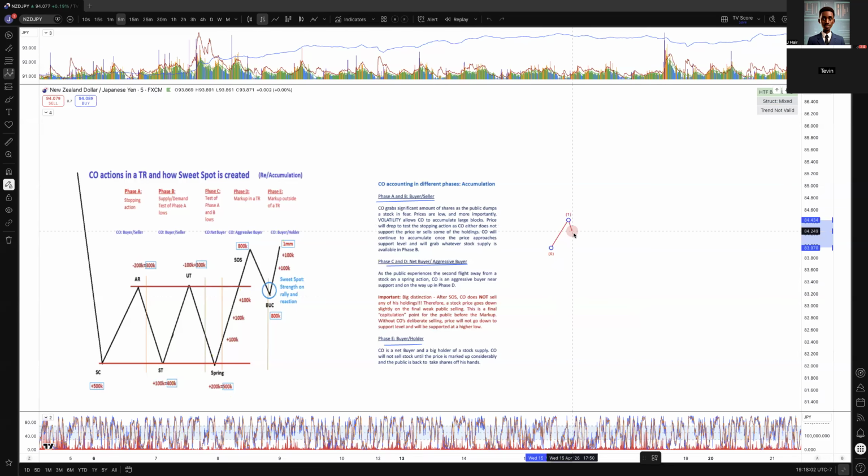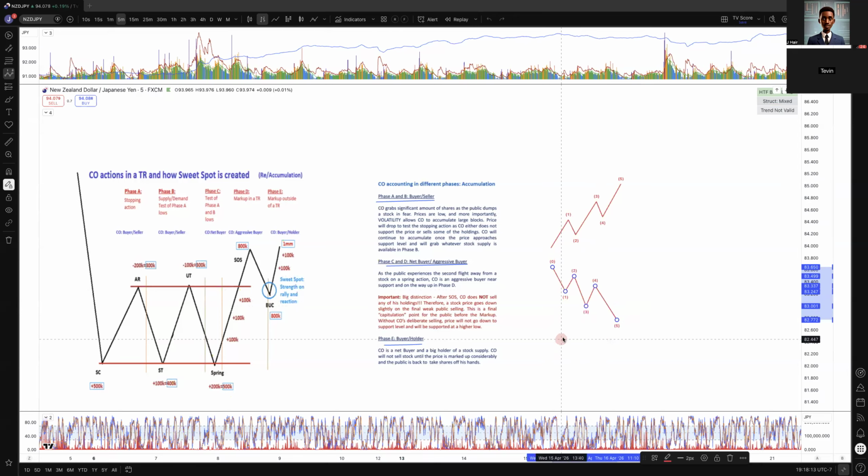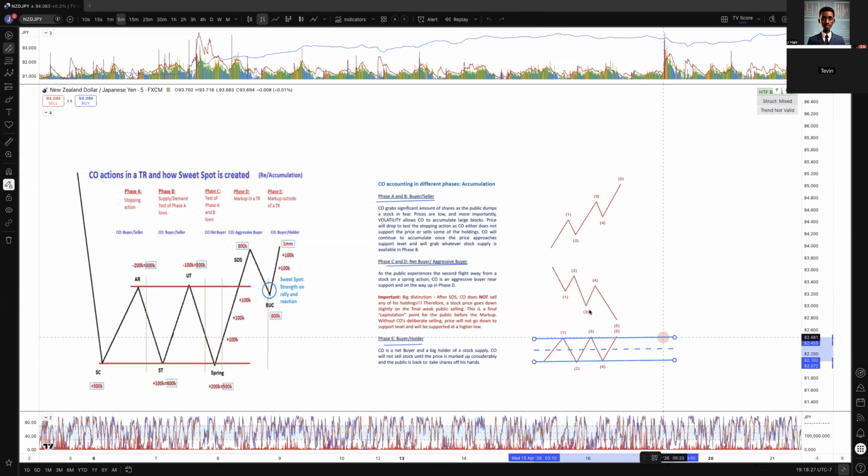So markets are comprised of uptrends, downtrends, and consolidating markets. The difference of each is the structure, and that's what we call market structure.